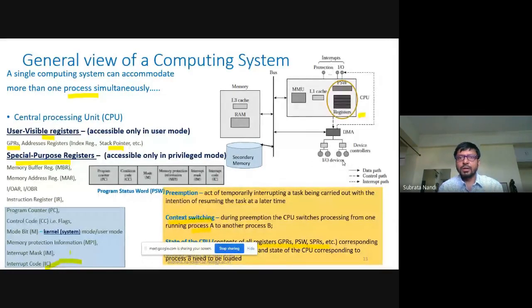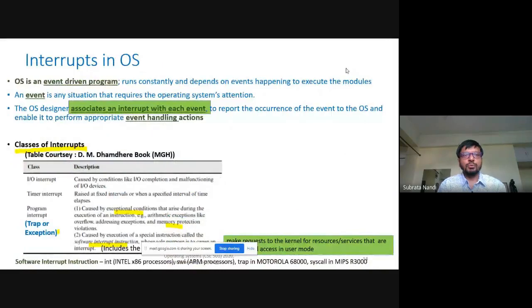But before I get into the IO management module, let me get into the details of interrupt processing that we started in our last class. As we found, I'll just summarize this slide. Interrupts in OS: the operating system is basically an event-driven software, and it has multiple modules which will be triggered only if a particular event occurs.